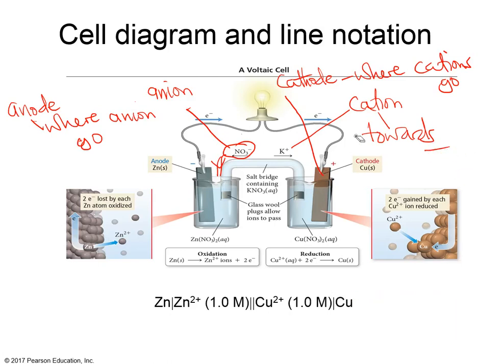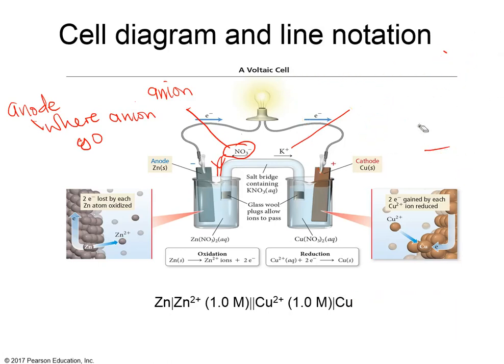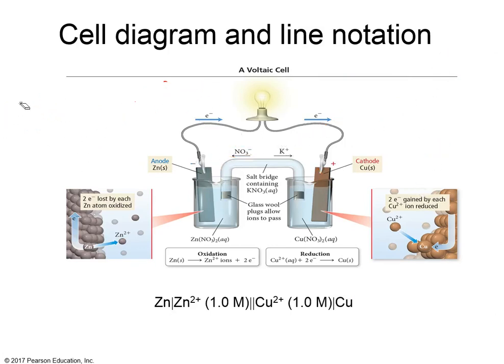Now if we continue and look at the cell diagram here, you have a glass wool here to form a barrier. You have these two strips, a strip of anode, a strip of cathode. So these strips are known as electrodes.